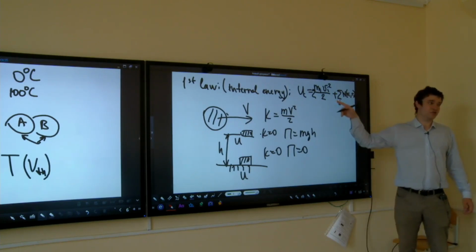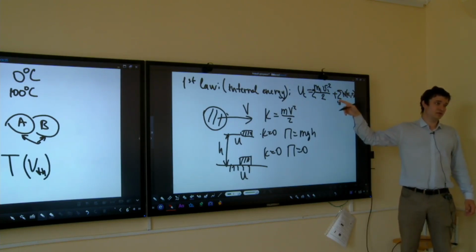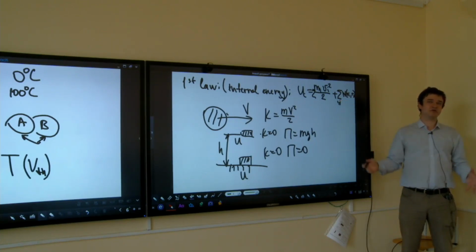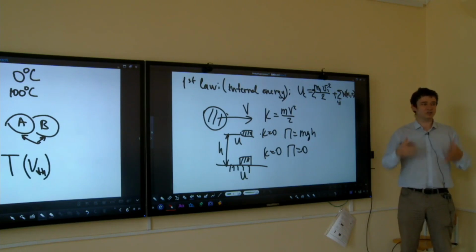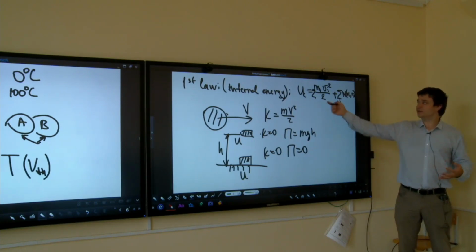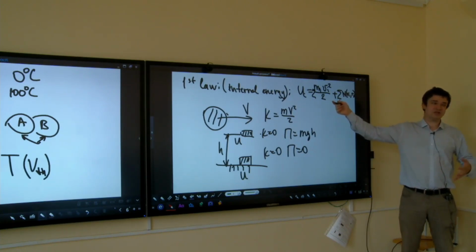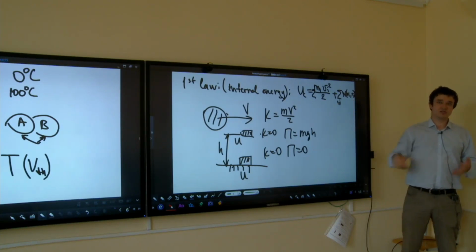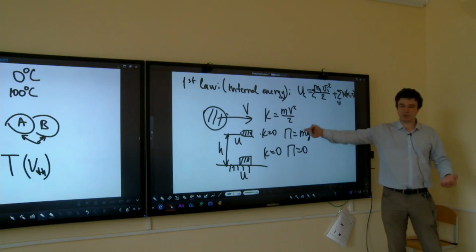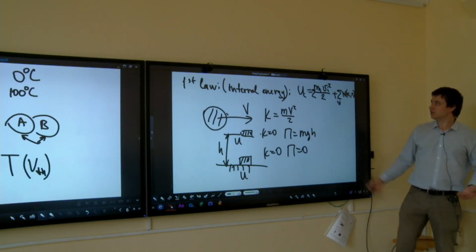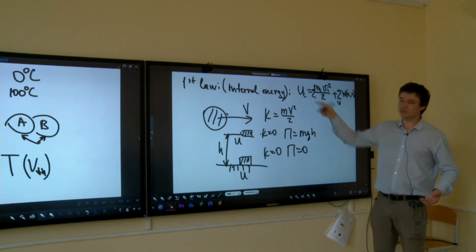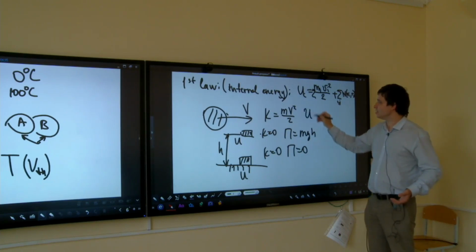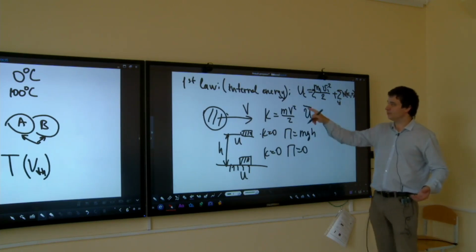This quantity fluctuates. So what actually is meant by internal energy is the average value of U, the average.